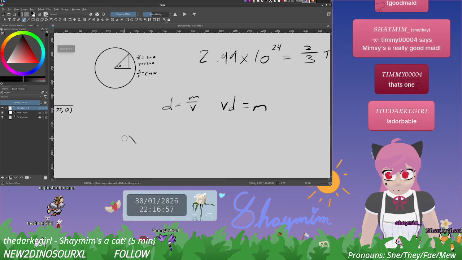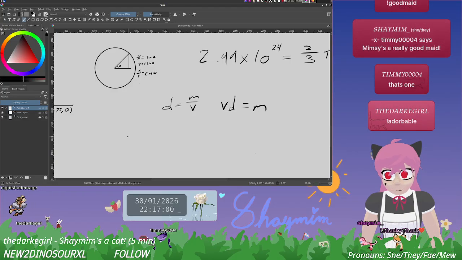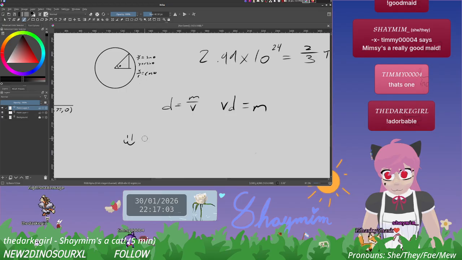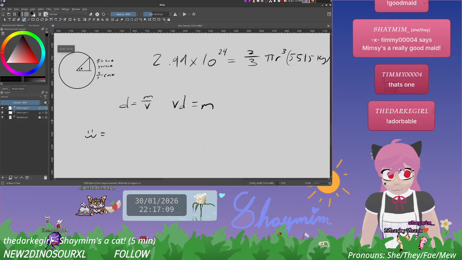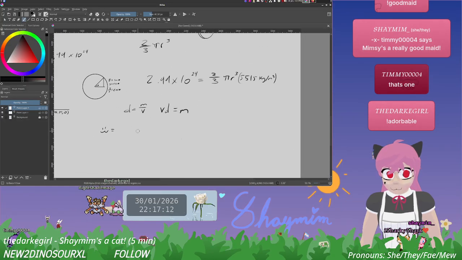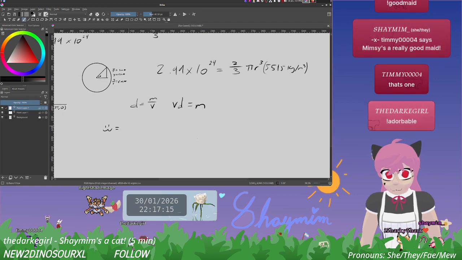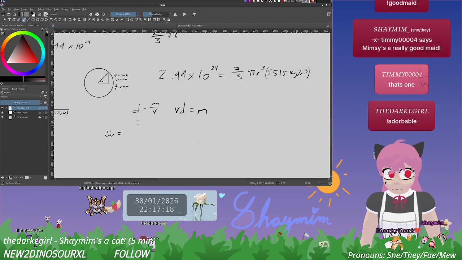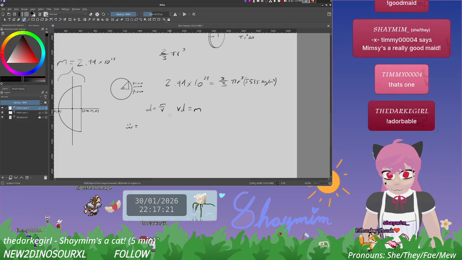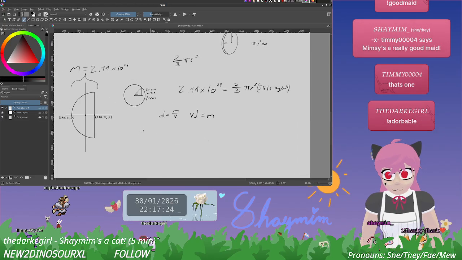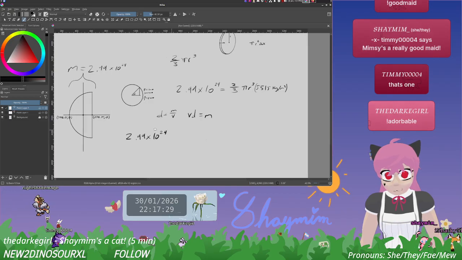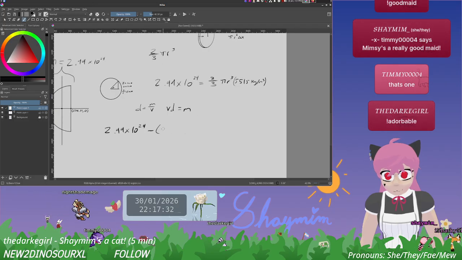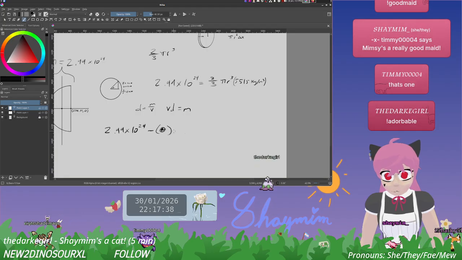Or maybe not x as our variable, we'll just choose like, I don't know, smile. Smiley face equals, let's see. So, 2.99 times 10 to the 24th minus smile, we'll just do a colored in dot, I guess.